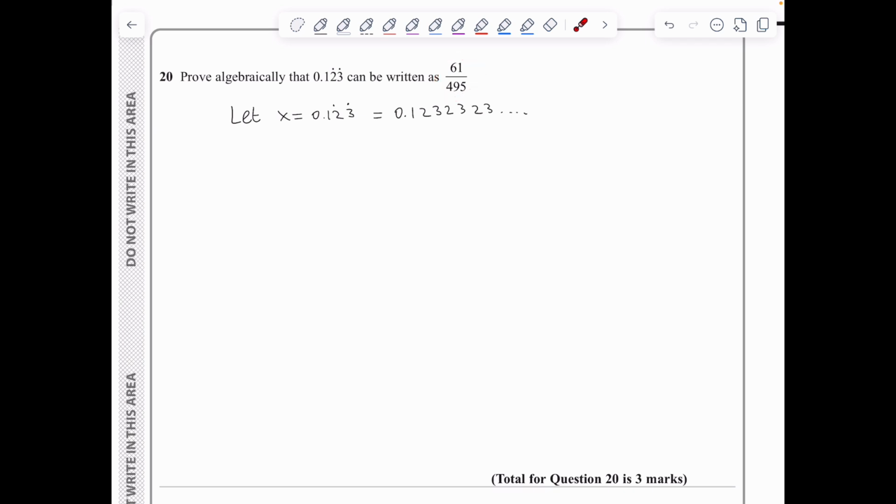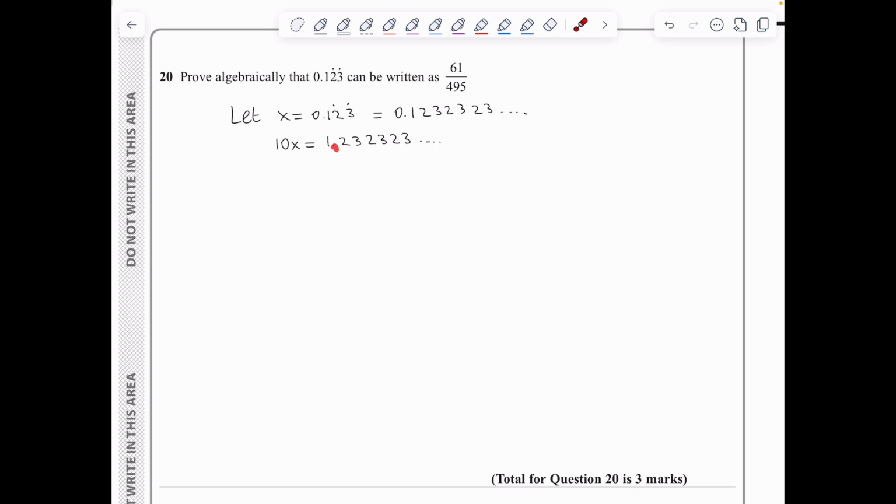So the first thing to do, I will multiply by 10. So 10x is 1.232323 ... so that the number 1, which was not part of the pattern, does not appear in the decimal part. Now the decimal part is just the pattern of 23 repeating itself, and I want to get a full pattern over the left hand side of the decimal point.